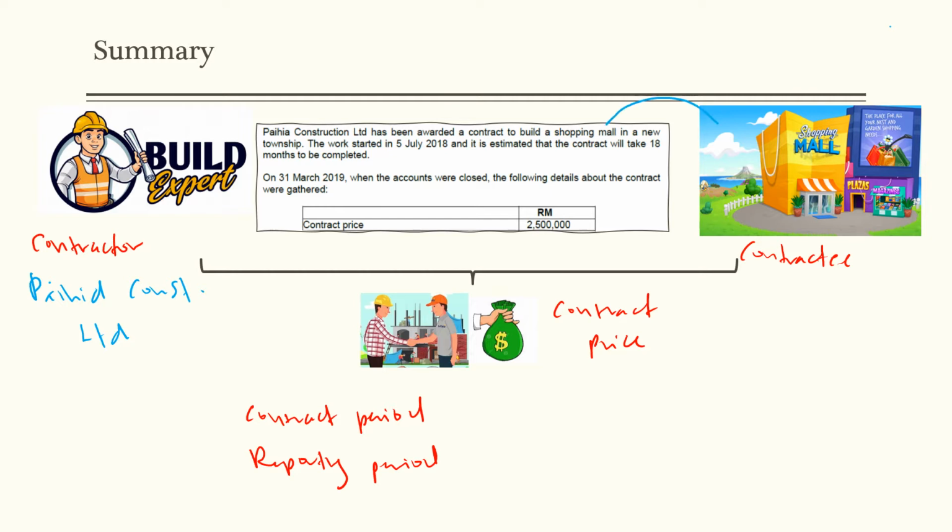Therefore, the contractee here refers to the party who awarded the contractor the job to build the shopping mall. The contract price here refers to the selling price, which is agreed between the contractor and the contractee upon the contract job. Based on the question, the amount is given directly as 2,500,000 ringgit.